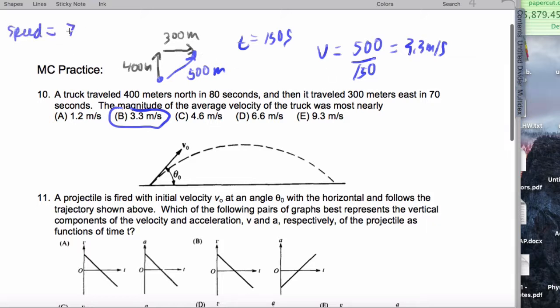The speed would be 700 divided by 150, which ends up being, let's see, 14 over 3, which ends up being 5 point something, so that's not even a choice on there. So that's the speed. The velocity is 3.3 meters per second.